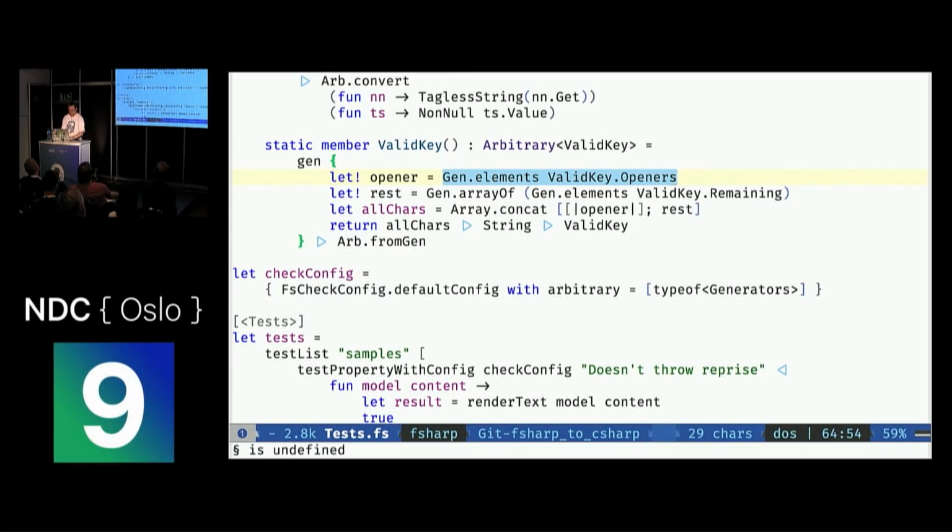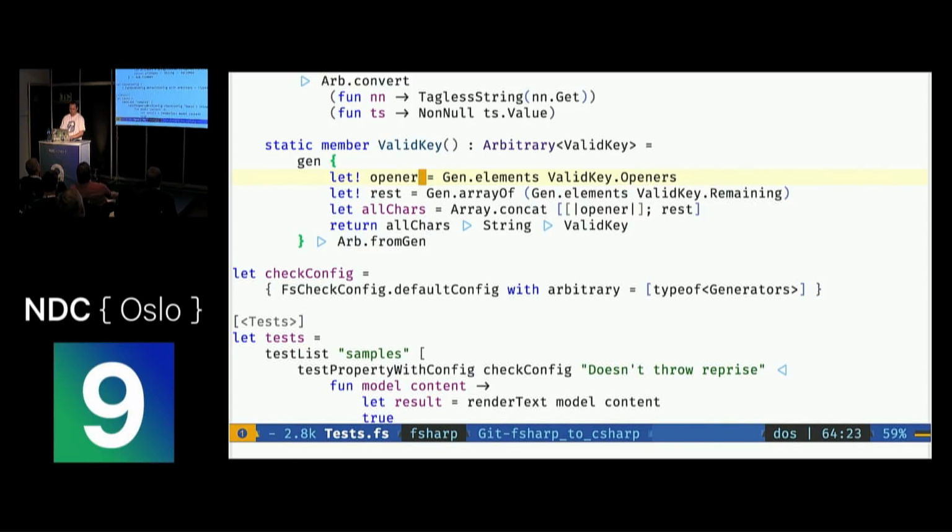If here I have the gen computational expression, that's what these bits are called, then let bang expects a generator on the right, and the thing on the left is the thing that was generated. Still making sense so far?